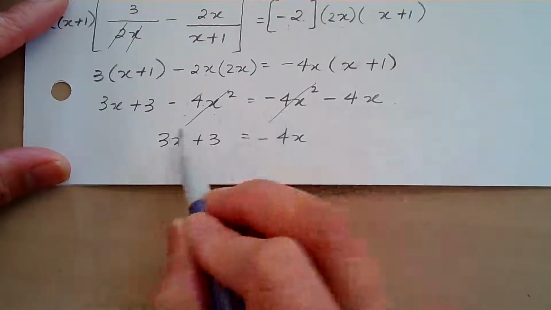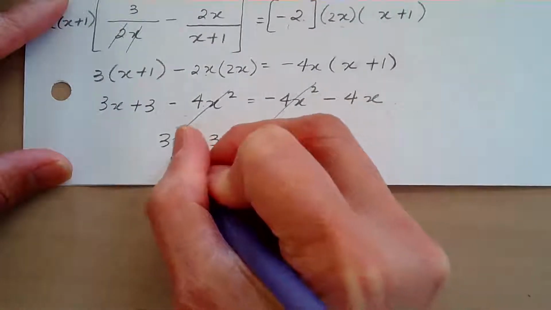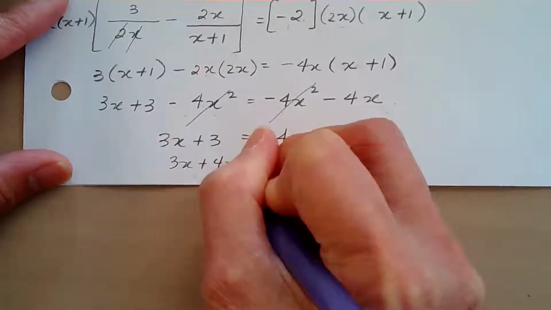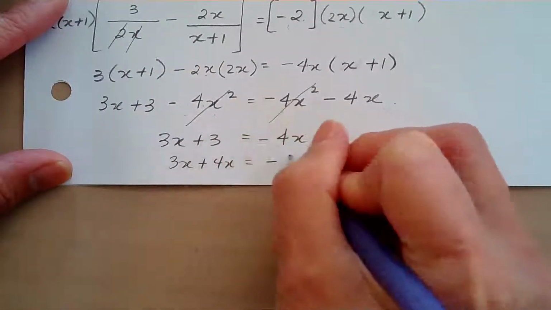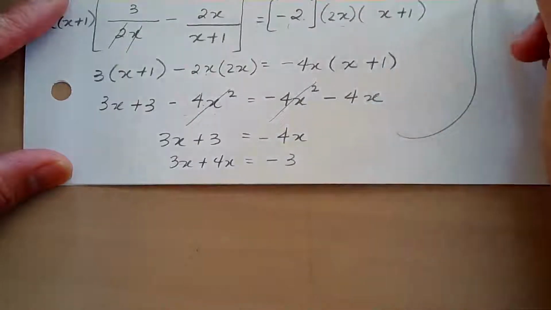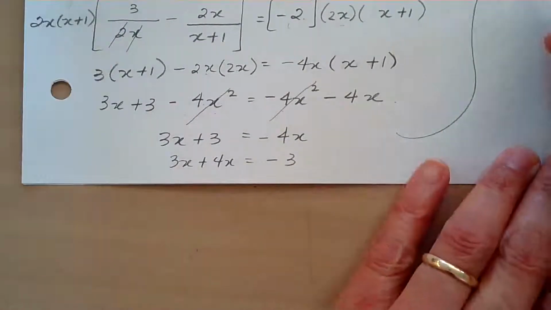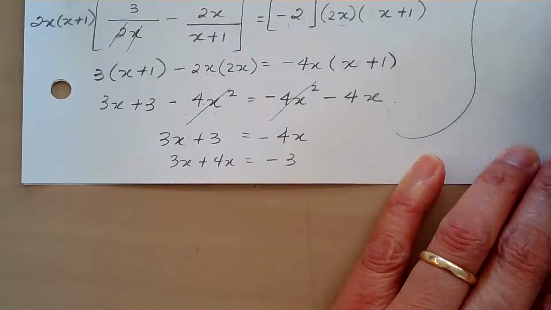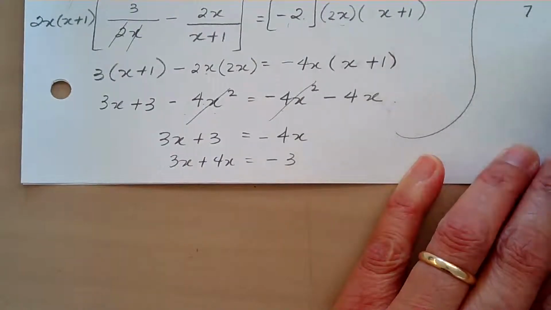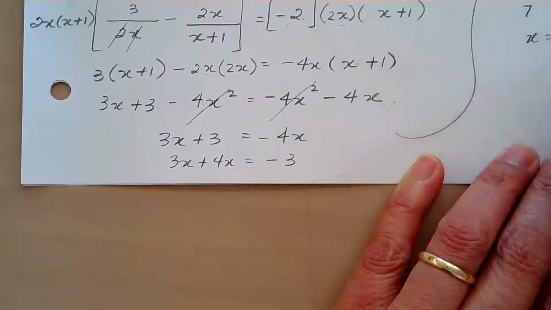So we bring this to the other side, and then negative 3. So that's going to be 7x equals negative 3, divided by 7. So x equals negative 3/7, whatever that is.